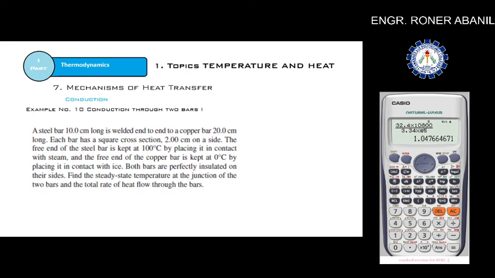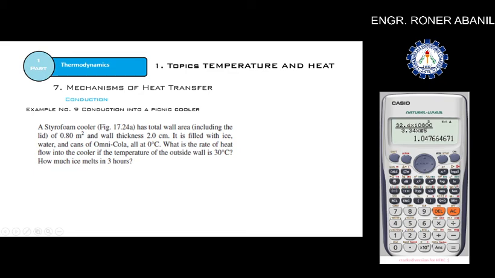The free end of the steel bar is kept at 100 degrees Celsius by placing it in contact with steam. And the free end of the copper bar is kept at 0 degrees Celsius by placing it in contact with ice. Both bars are perfectly insulated on their sides. Find the steady state temperature at the junction of the two bars and the total rate of heat flow through the bars. Okay?